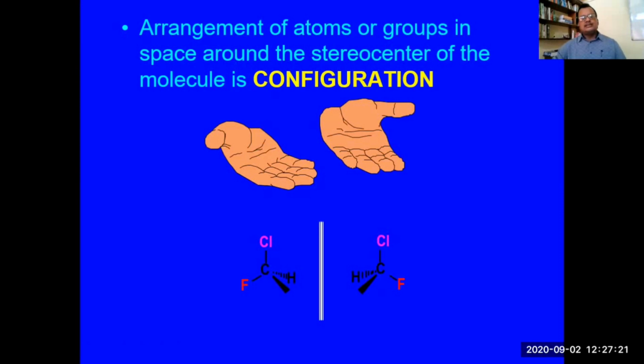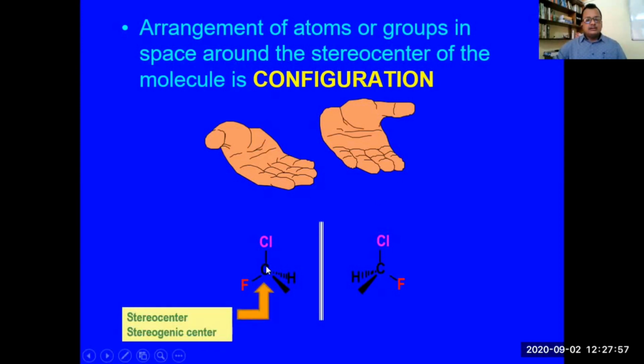If a molecule has a non-superimposable mirror image, then the molecule is chiral and optically active. An optically active compound will exist as mirror images, and one of them will rotate plane polarized light to the right, the other to the left, and they are prefixed as plus and minus. So enantiomers have different ability to rotate plane polarized light, and they also have different configuration around the stereocenter.